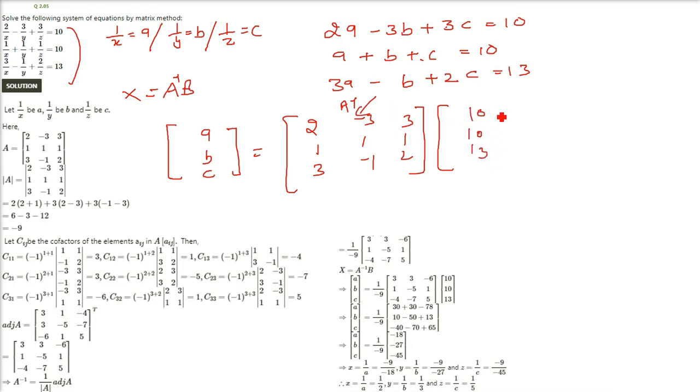And of course the B is 10, 10, 30. So A inverse I hope you'll be able to do. You can use the cofactor way, and then you can just take the transpose and divide it by the determinant. So whenever the answer will come, just take the reciprocal and that will be your answer. For example, the answer which came here, the reciprocal has to be taken.